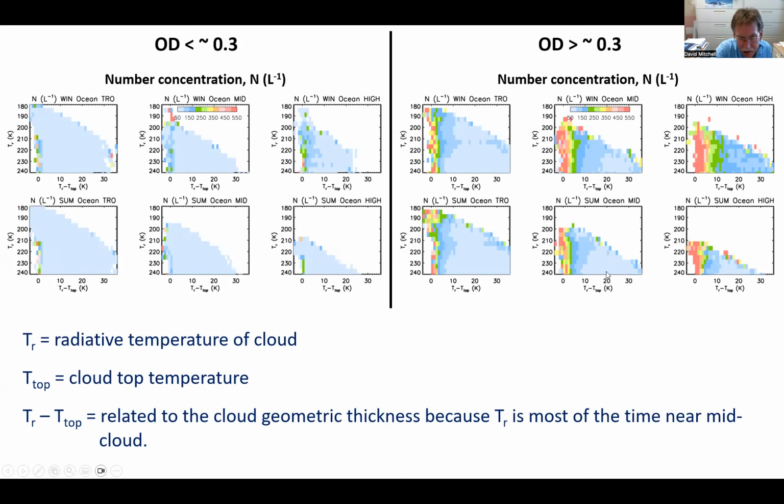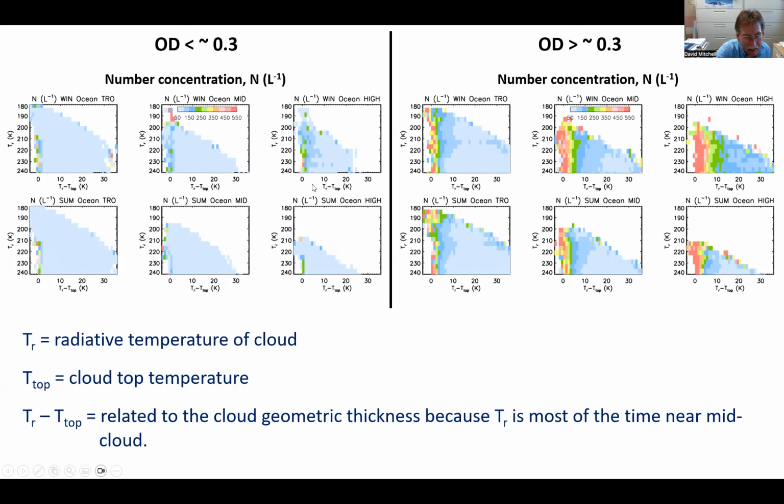This is very similar to Spichtinger and Gierens' paper in 2009. It's parts A and B they published, and they had very similar results in their paper. It's a modeling paper. On the low optical depth side, we don't see this structure showing up hardly at all.